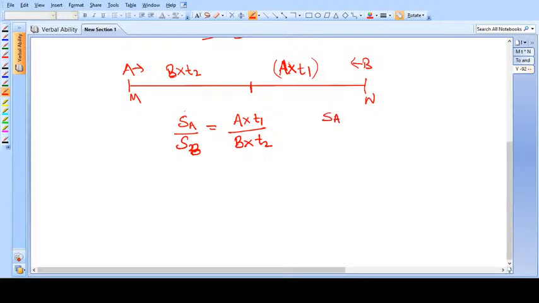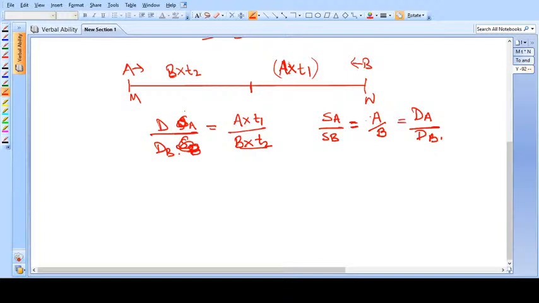And also dA by dB will be given by A upon B, right?